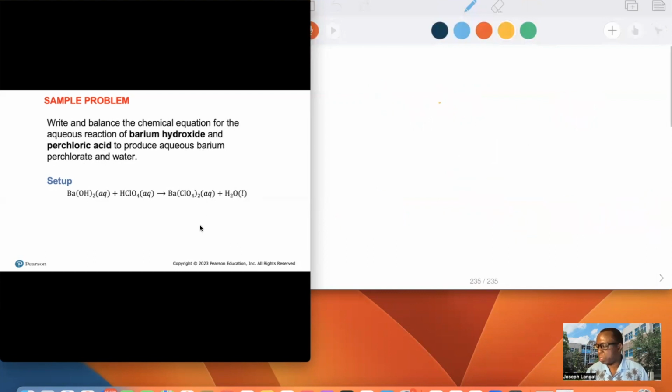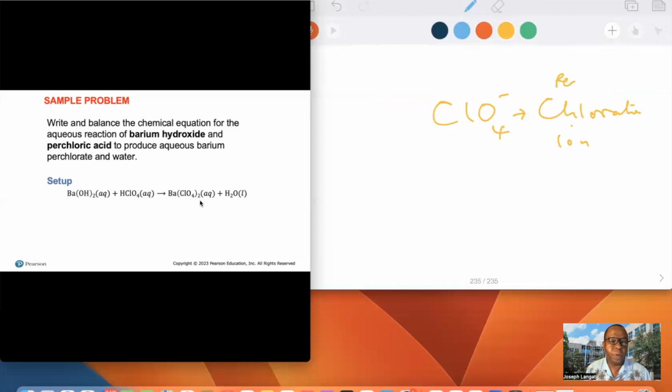So here ClO4, this is perchlorate. It's a polyatomic ion, and barium is in group 2. We end up with that.